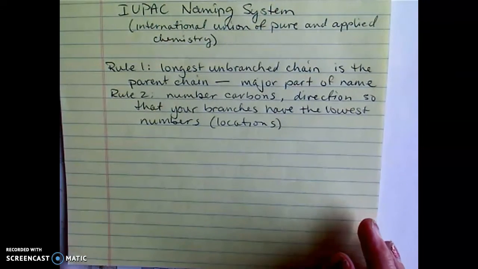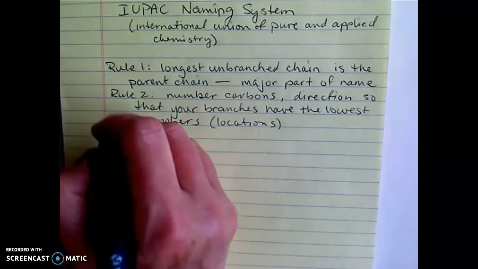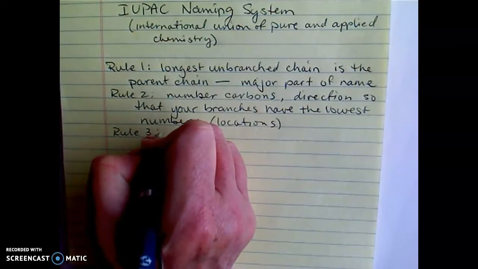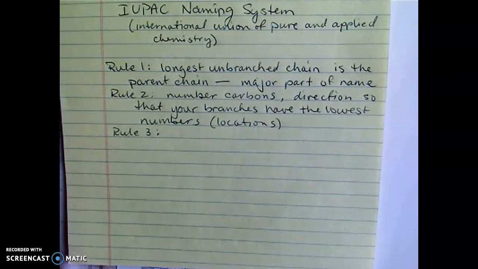All right, next, rule number 3. Again, you might have more than one branch. When you're naming your branches, you want to make sure that you give the location using that number.